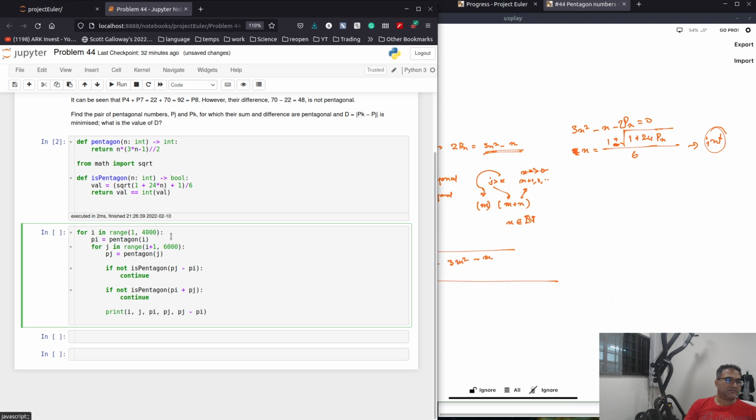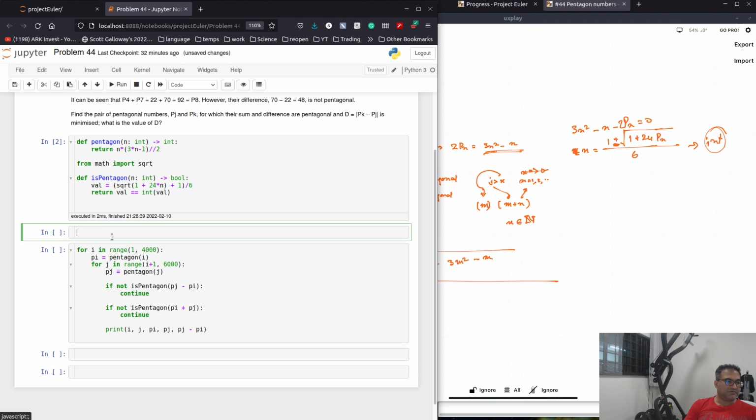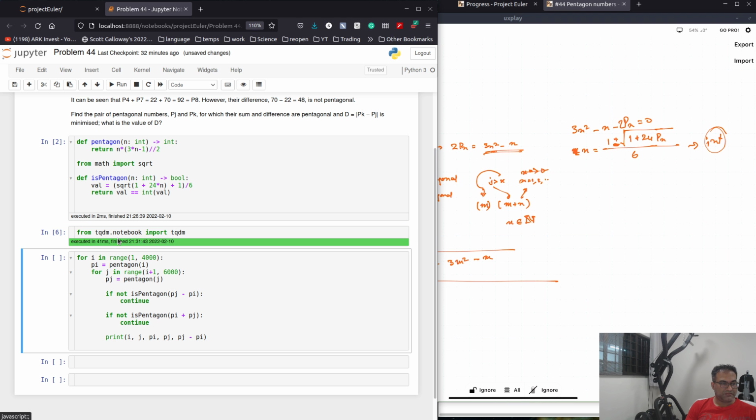And let us also import tqdm. So from tqdm.notebook import tqdm, and let's put a tqdm over here and a tqdm over here.